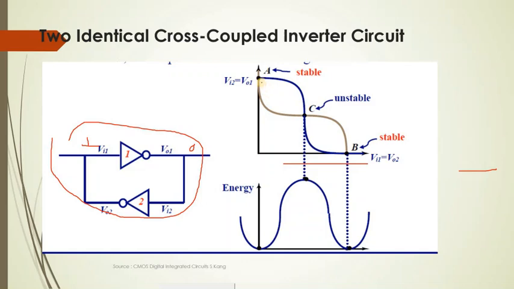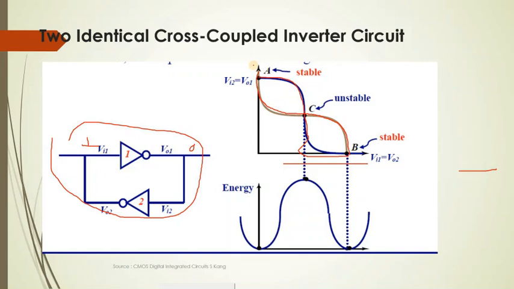So already we have studied about CMOS inverter. So your CMOS inverter is having characteristics like this. And when you are using cross-coupled inverter, input of first becomes output of second and output of second becomes input of first and so on. So they have characteristics being plotted like this.